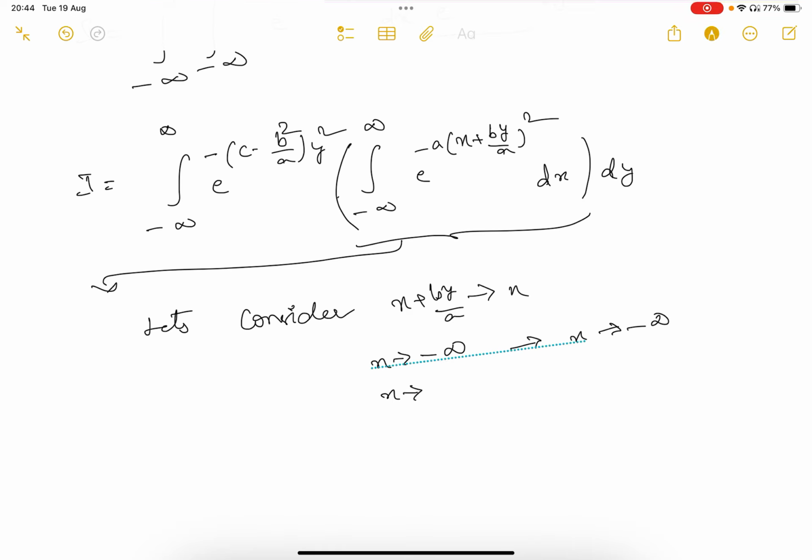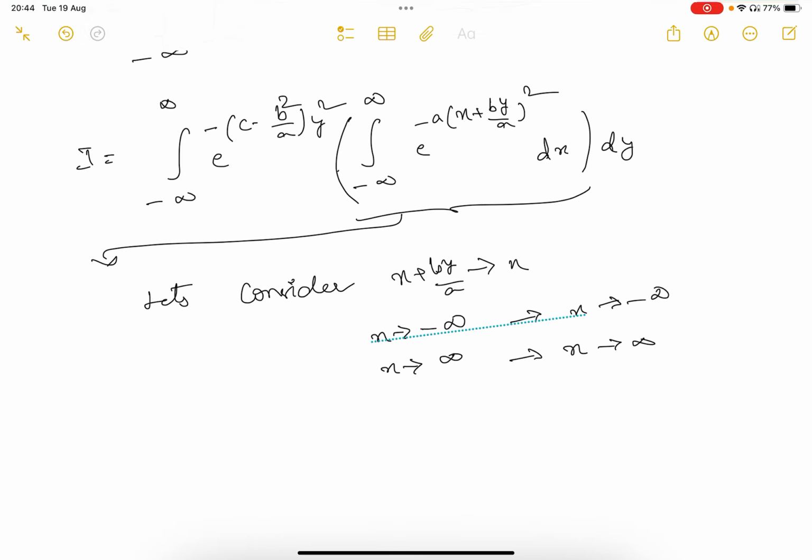If x tends to plus infinity, then also x tends to plus infinity. That is, they are not going to change anything, right? Then I equal to the integral minus infinity to plus infinity e to the power minus of (c minus b²/a) into y².